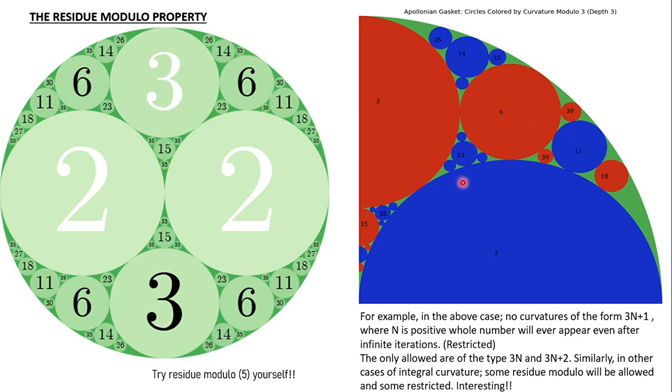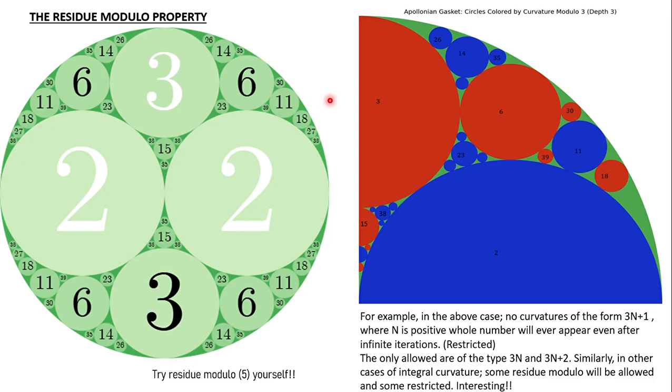So when you divide any number by 3, the remainder will be either 0 or 2, and therefore this has been done with a two color scheme. There is no need of a third color because 1 is never a remainder.